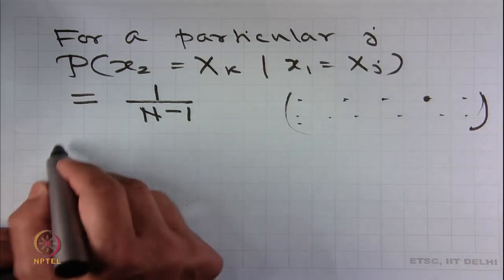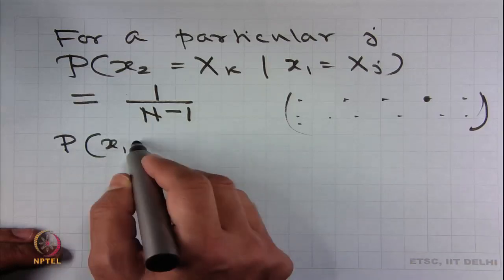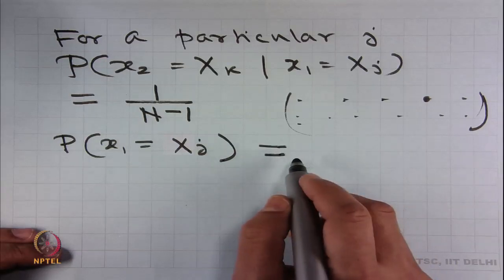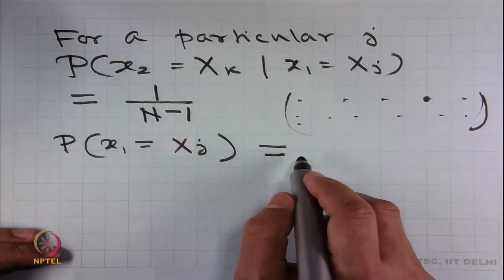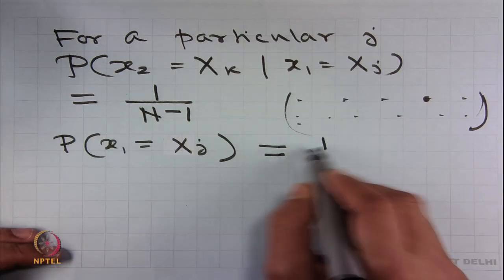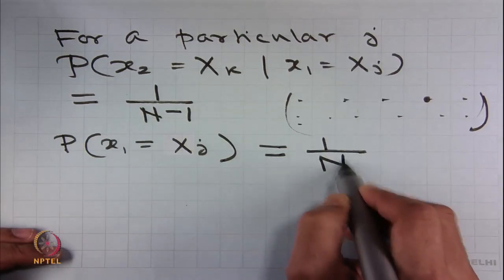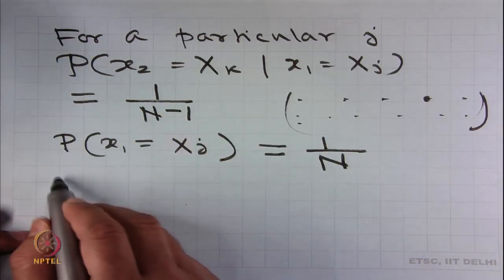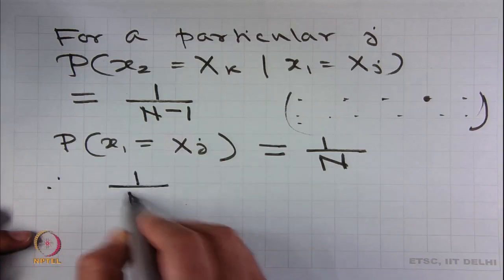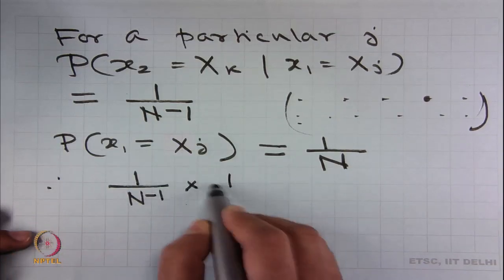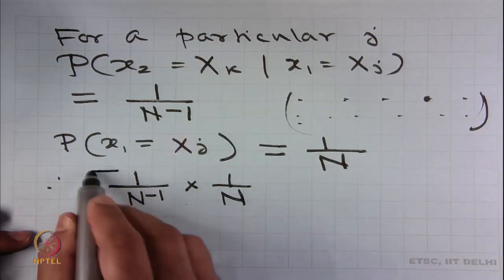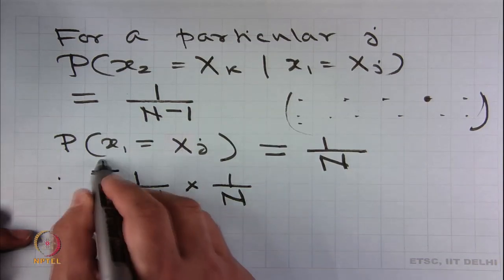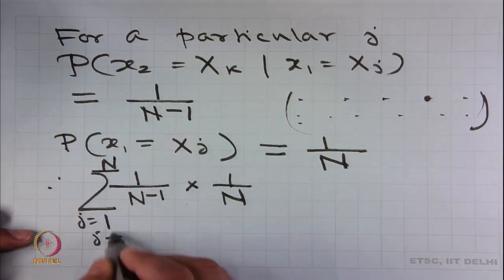Now, what is the probability x 1 is equal to x j? Probability x 1 is equal to x j is 1 upon n, right. Therefore, what we are getting is 1 upon n minus 1 into 1 upon n, and this we are summing over j is equal to 1 to n, j not equal to k.